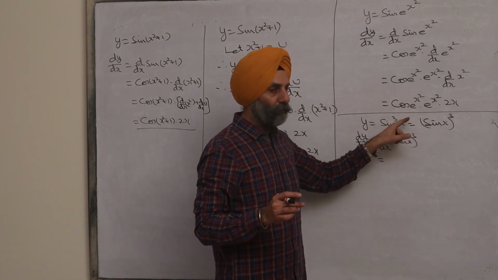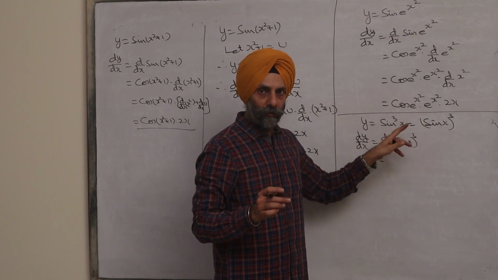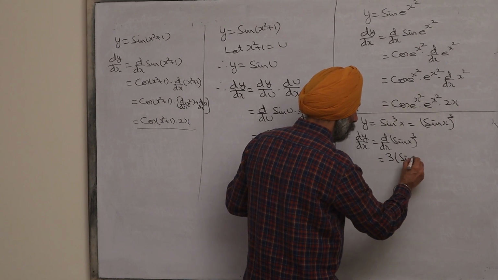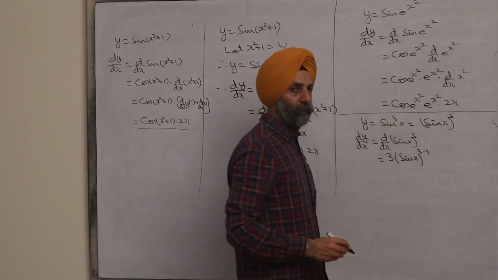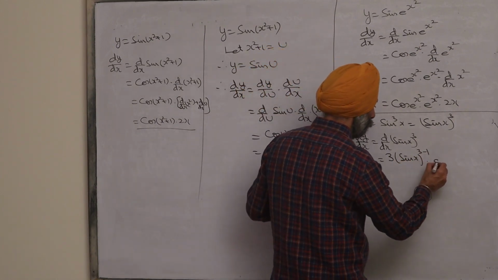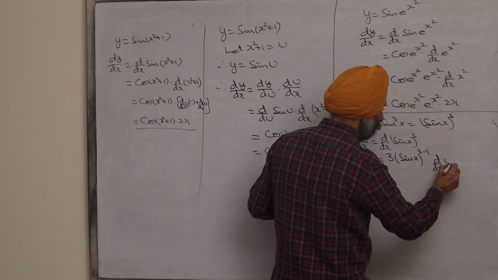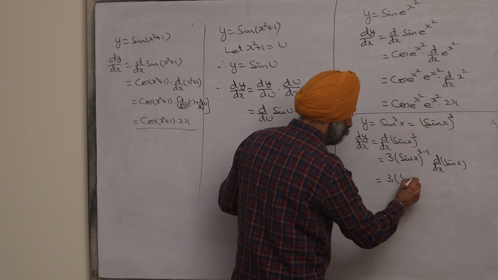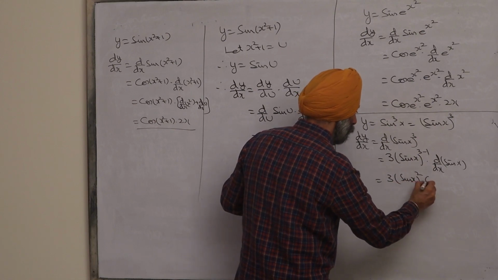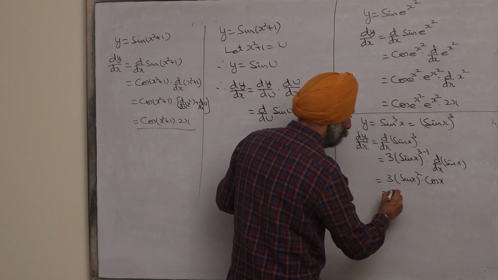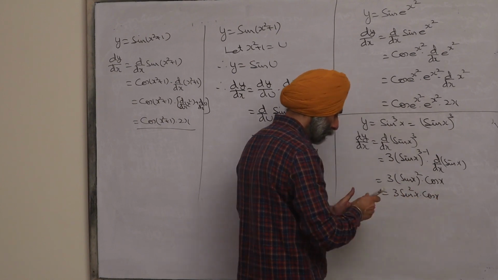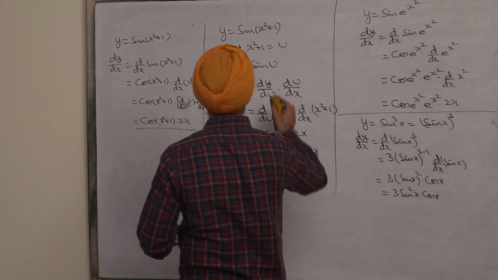You cannot straightway differentiate this, because first it is of the form x raised to power n, so it is n times x raised to power n minus 1 into d over dx of sine x. So what is that? 3 times sine x raised to power 2. Now the differential of sine x is cos x. That is, it is 3 sine square x into cos x. So this is the differential here.